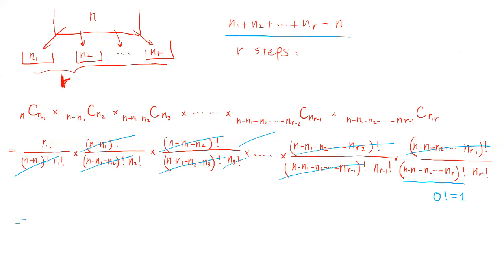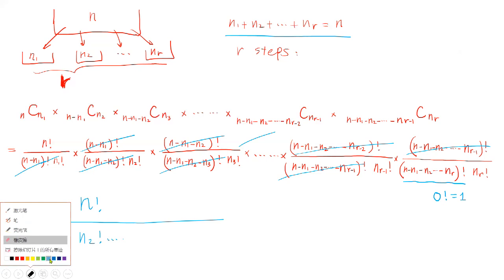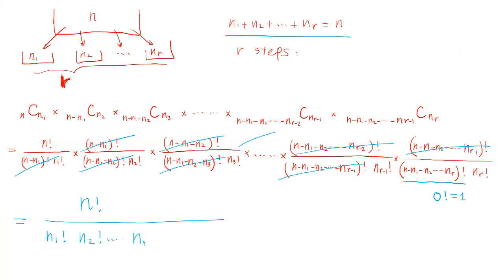So the final result is n factorial over n1 factorial, n2 factorial, etc., and nr factorial. This is our final result.